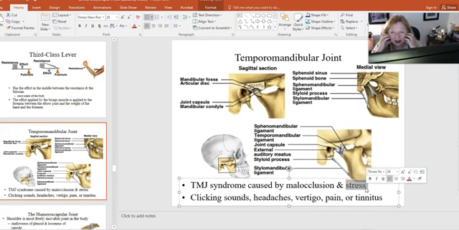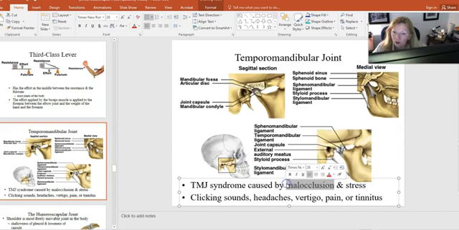So with that constant grinding and the bite being off, it's going to end up hurting the joint over time. Some of the ways that they address this is with night guards, so that people won't grind their teeth, and or realigning the teeth, so braces, to realign the teeth and fix the bite.